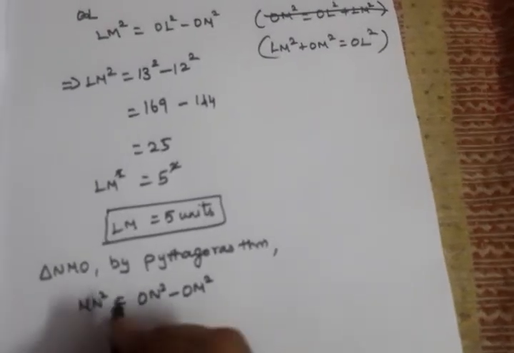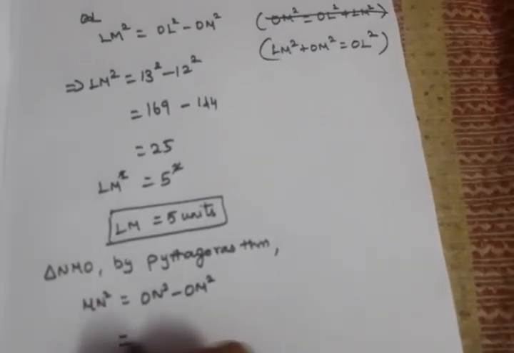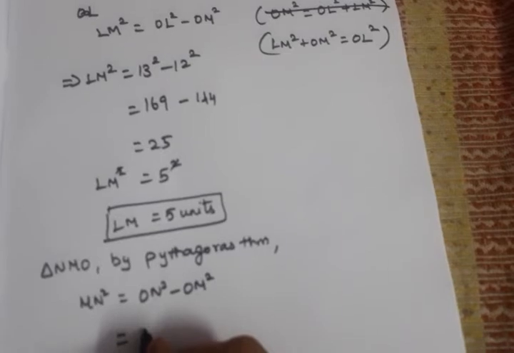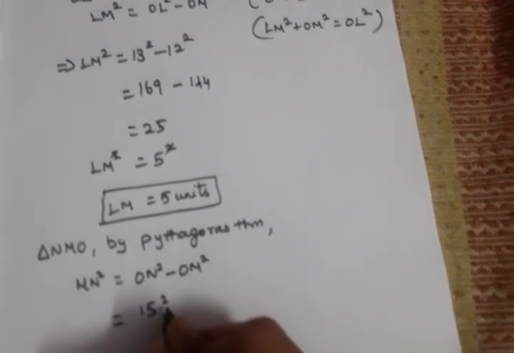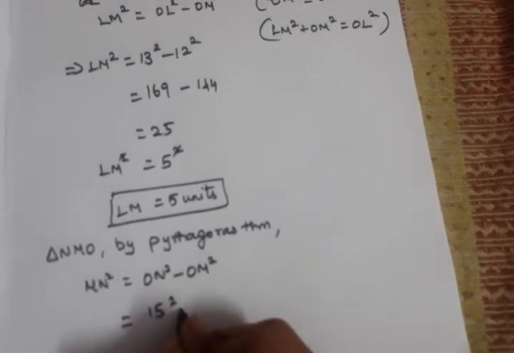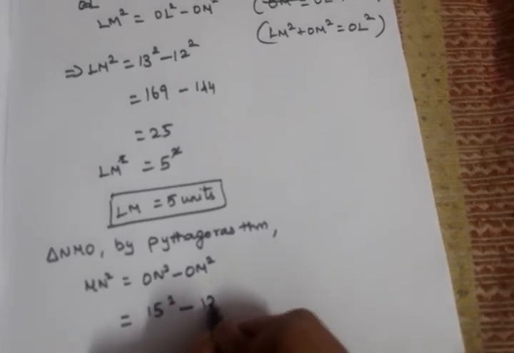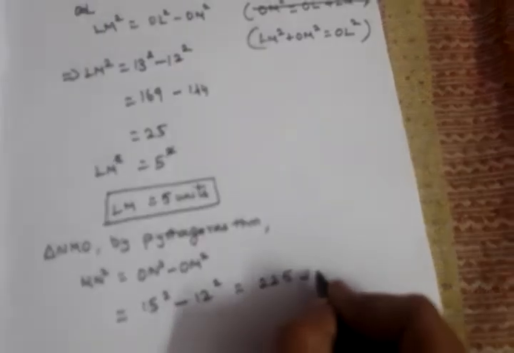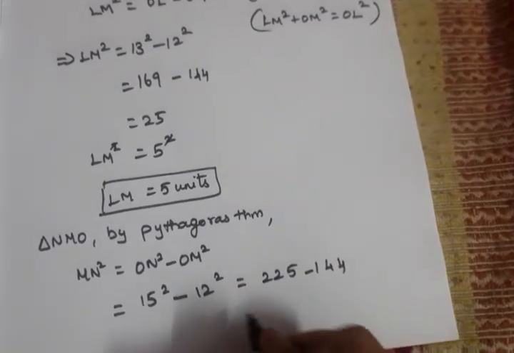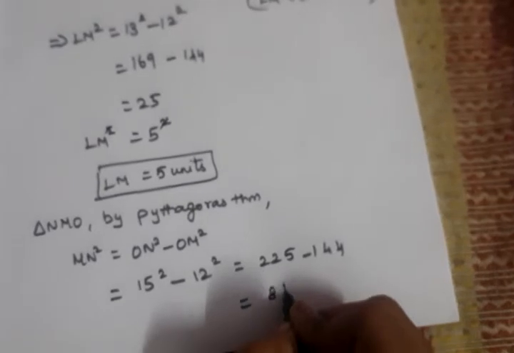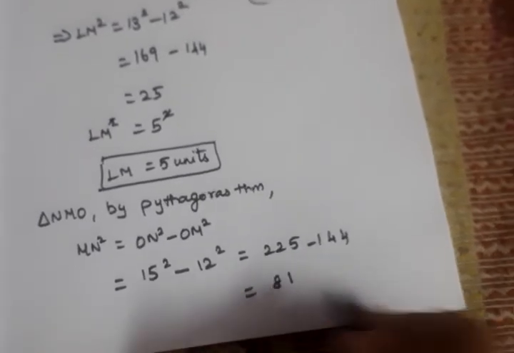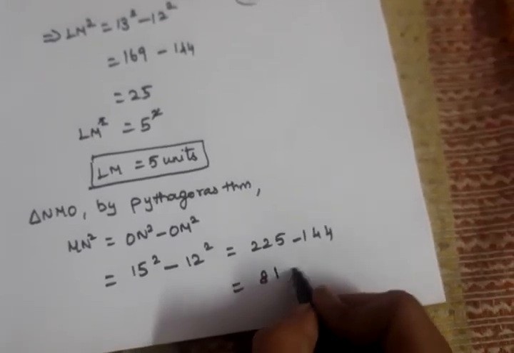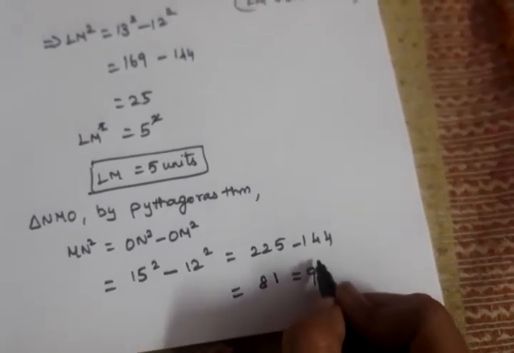ON square value 15 square. OM square value 12 square. 15 square 225. 12 square 144. That value 81. That is 9 square.